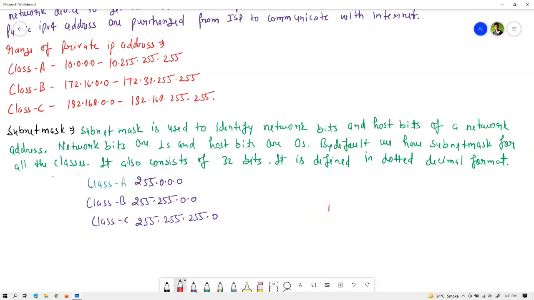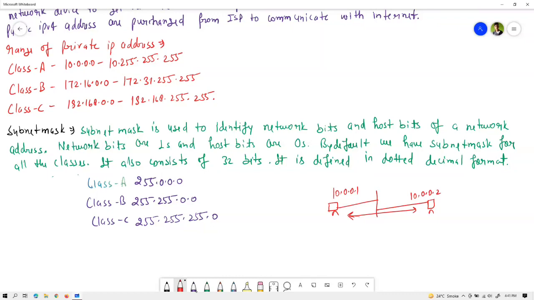Let's say this is a PC, it is connected with a switch, and this is another PC connected. Here I have configured 10.0.0.1 and here I have configured 10.0.0.2. Now when these two PCs communicate with each other, how will they identify whether they belong to the same network or a different network?